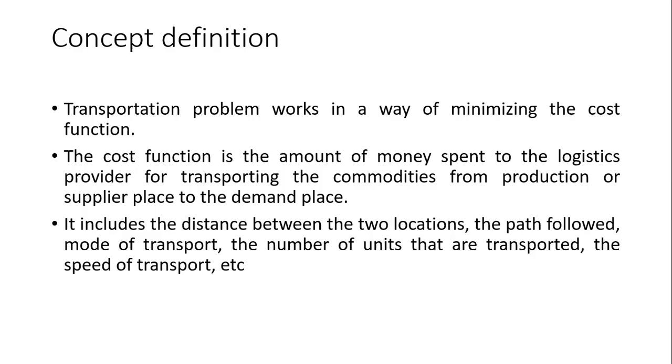It also considers the distance between the two locations, supplier and demand location, and the path followed between them. The mode of transportation to be fixed between the two locations, the number of units that are transported, and the speed and efficiency of transporting the items between the two points.